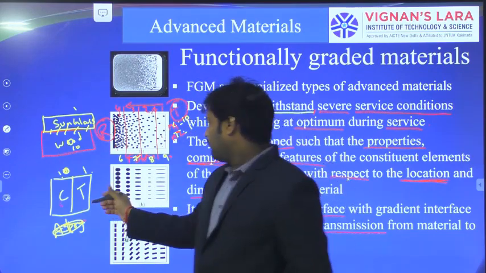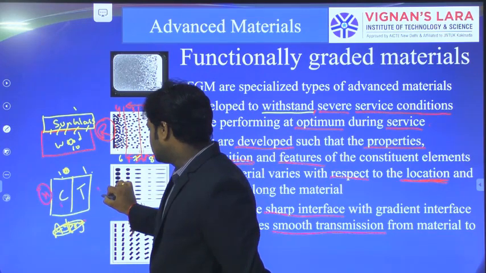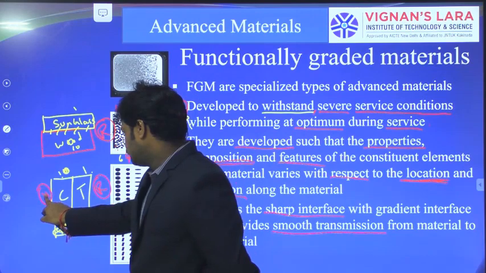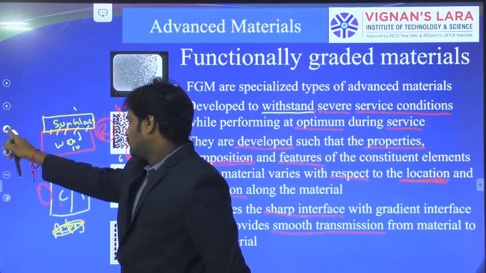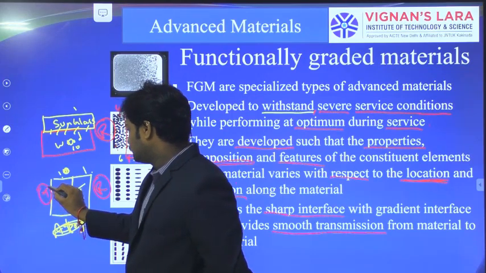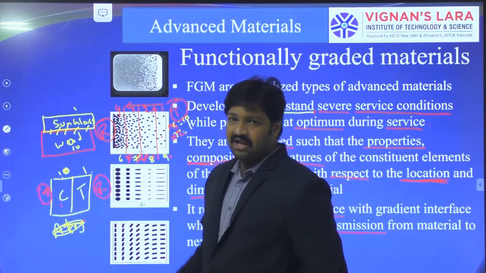Here the material is also the same. Here these are having high hardness, whereas here these are having high refractoriness. This side is having high toughness and this is having high refractoriness.